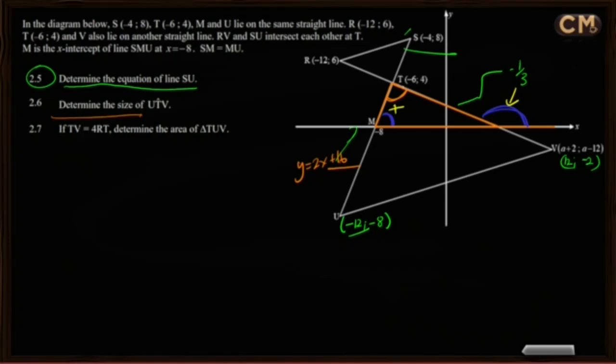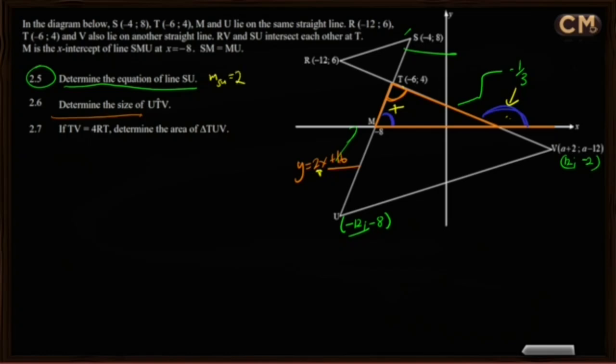So these two are opposite, and they are obviously internal. So how does that help? Well, as we can see, I've used a bit of purple over here, and those two are angles of inclination. So we have the inclination or gradient of SU over there. So the gradient of SU is equal to 2.